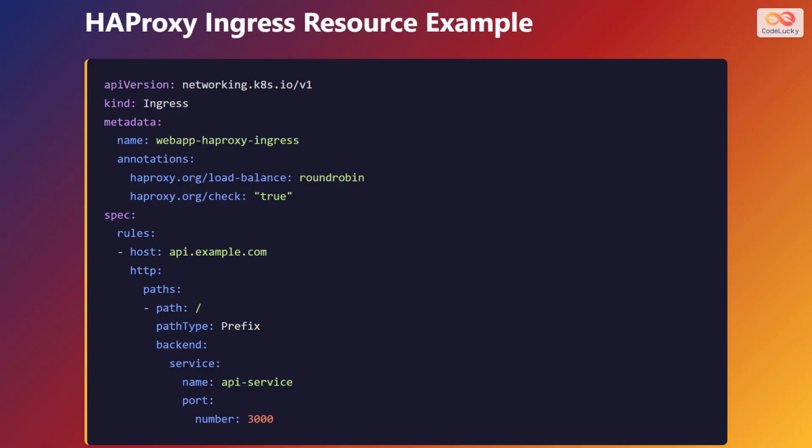The check annotation is set to true, enabling health checks to ensure traffic only goes to healthy pods. The spec section defines that requests to api.example.com should be routed to the service named api-service on port 3000. HAProxy will monitor the health of the backend pods and automatically remove unhealthy ones from the rotation, ensuring high availability for your application.